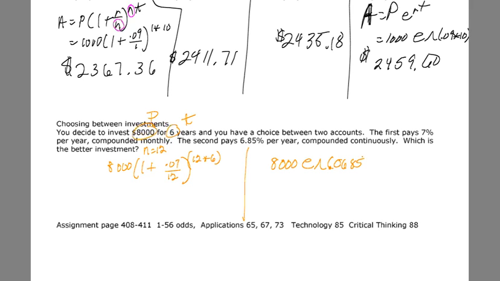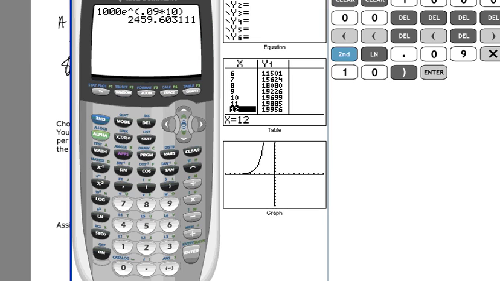Change that rate to a decimal. E to the RT. So that's the R times the T, which would be 6. So this monthly account at 7%, or this continuous account at 0.0685%. You do the math.